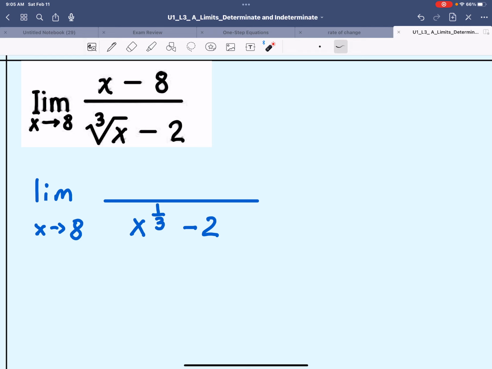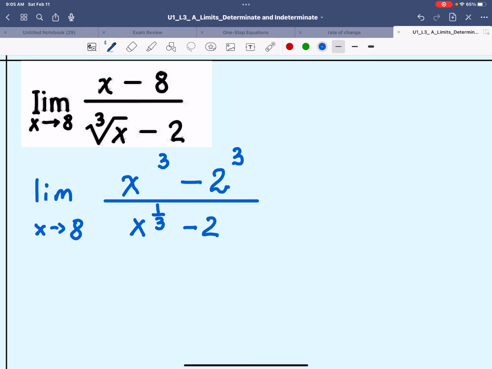You probably recognize that the number 8 is a perfect cube, which means it can be connected with the number 2 that we see here in the denominator, brought to the power of 3. And since we're talking about powers of 3 here, we will rewrite the x as a power of 3 as well.